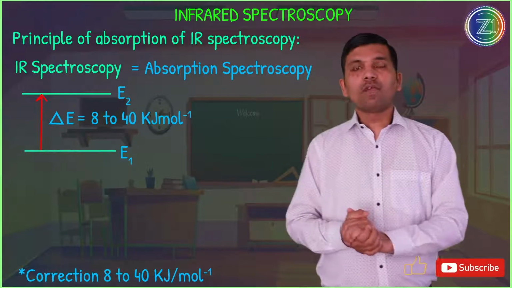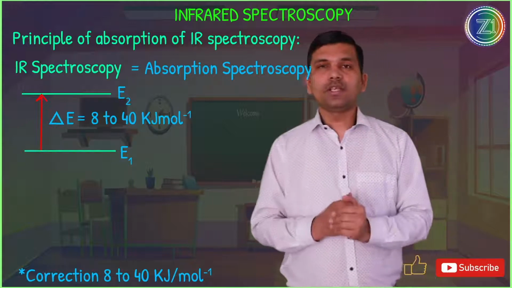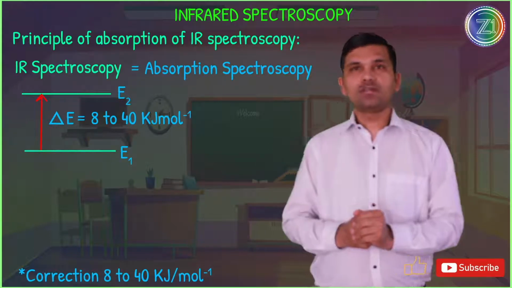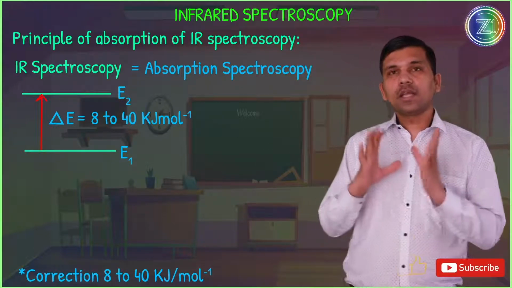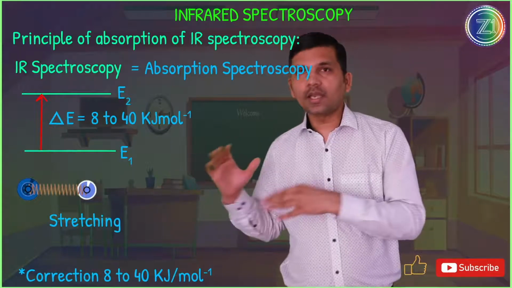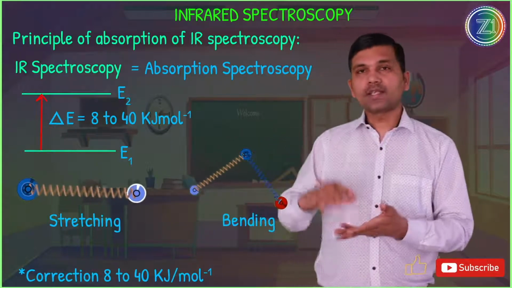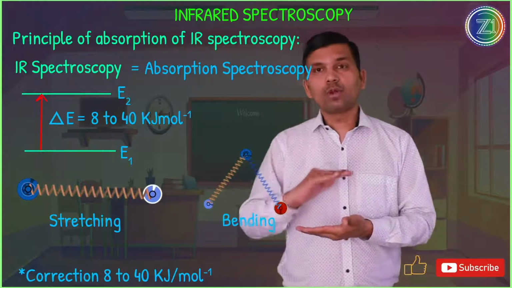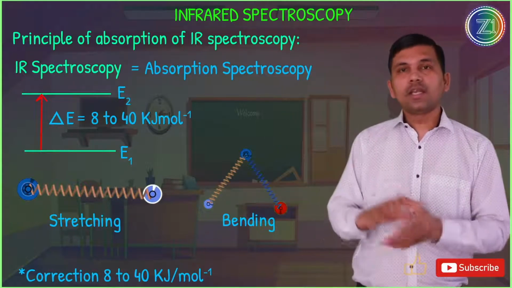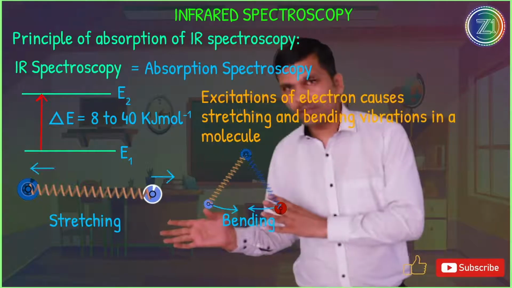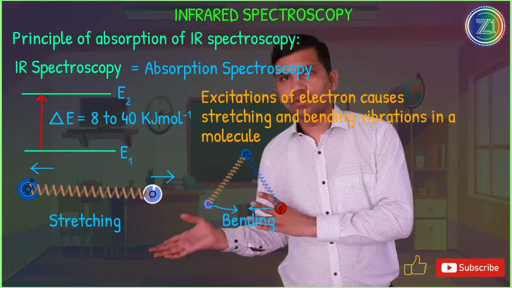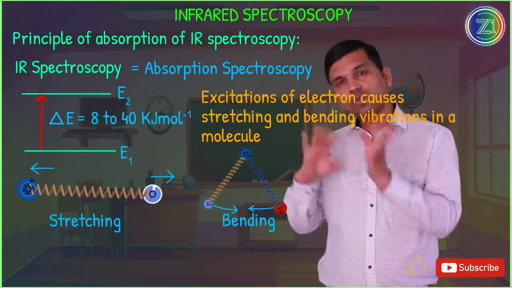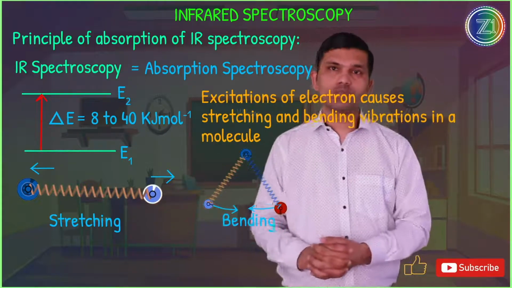Whenever there is a transition between these vibrational energy levels, there are stretching and bending vibrations. As soon as it is excited from a lower to a higher energy level, there is stretching vibration or bending vibration. This excitation corresponds to stretching and bending vibrations.